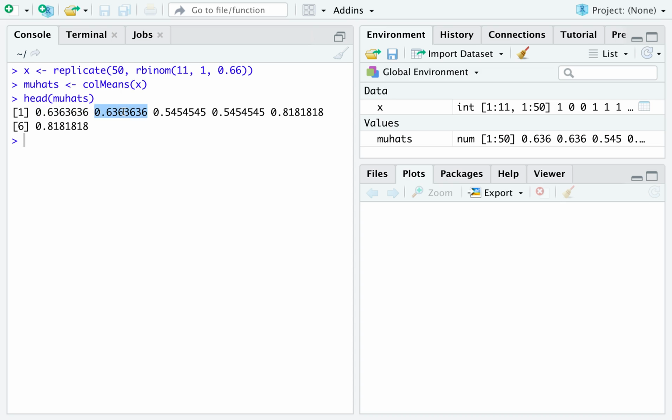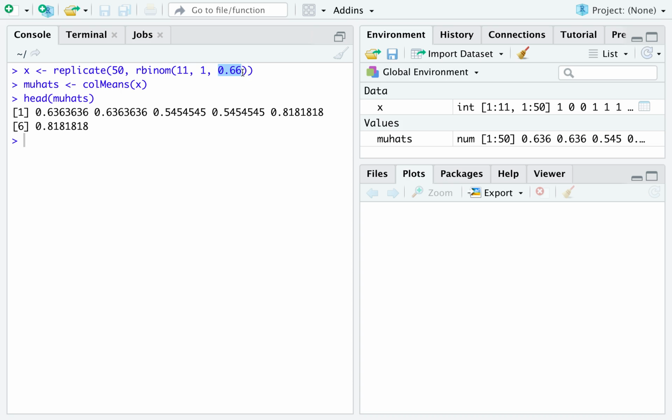And here is the second of the theoretically possible sample means. Happens to be equal to the first. That's pretty rare, but maybe because our sample is so small. Here's the third of the possible sample means. Here's the 5th and 6th of the possible sample means from the Bernoulli distribution with a true population parameter p equal to 0.66.